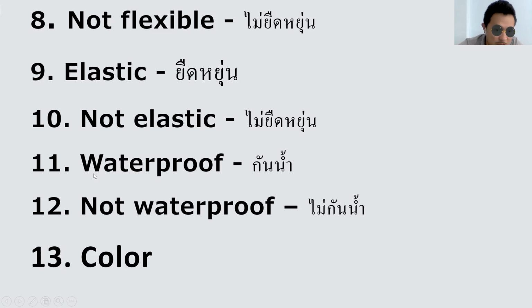And we have also here number 11, waterproof. You know already what is waterproof because I wrote there the translation in Thai. Another thing, we have not waterproof. So you know it already what the meaning of those things are. And the last but not the least, colors.